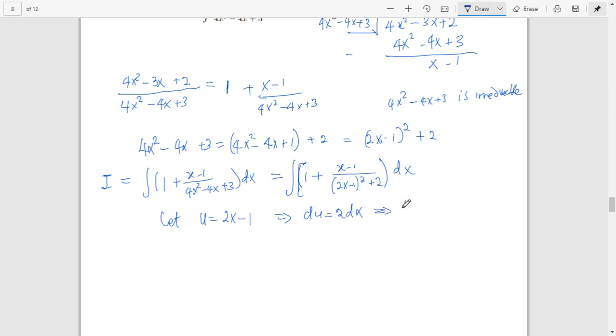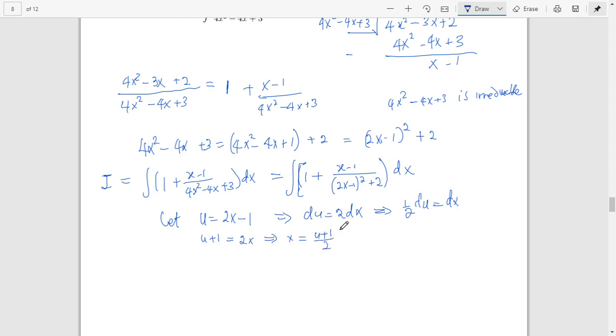This means that 1/2 du will be equal to dx. Now, if my u is equal to 2x minus 1, that means that my u plus 1 is equal to 2x, which implies that x is equal to u plus 1 over 2.